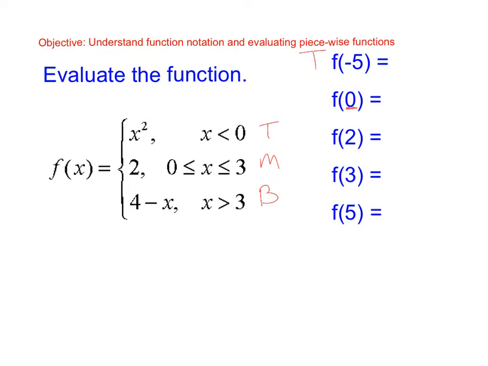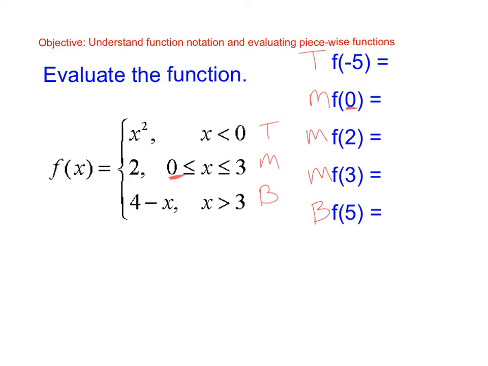So we're going to have to do the middle because we have to use this one. 0 is equal to 0. So that's our middle. 2 is between 0 and 3. And then the 3 here is also equal to 3. So we have a lot of middles for this one. Middle, middle, and then 5 is greater than 3, so that's our bottom.